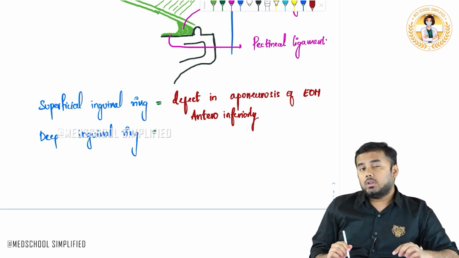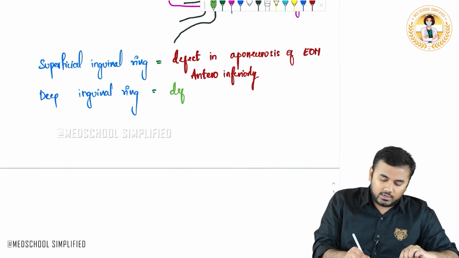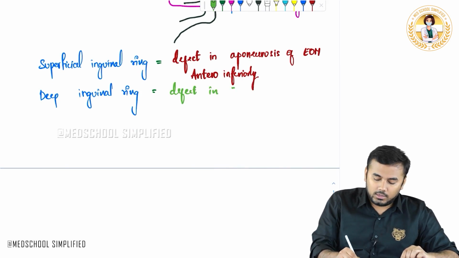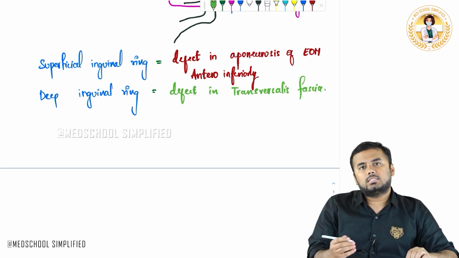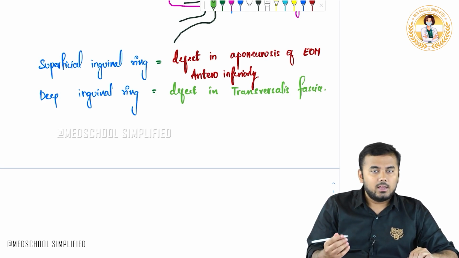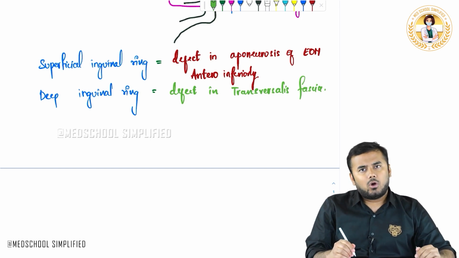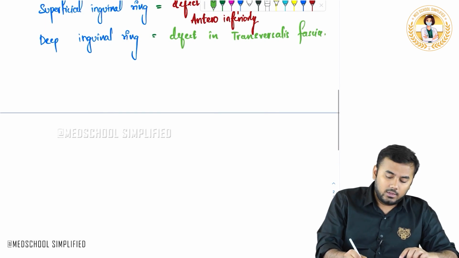Now, how is the deep inguinal ring formed? The deep inguinal ring is formed when there is a defect in the transversalis fascia. You know, we have got a muscle called transversus abdominis, right? After that, we have got a fascia called transversalis fascia. So you remember all the layers of the anterior abdominal wall we discussed. What are the layers?